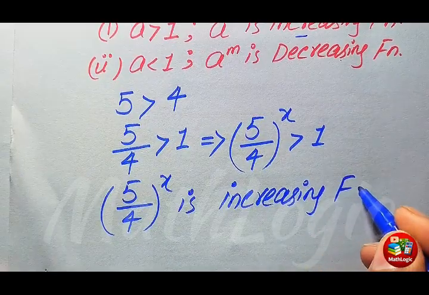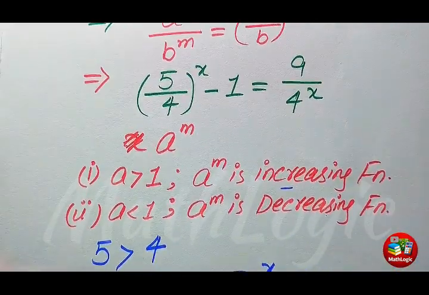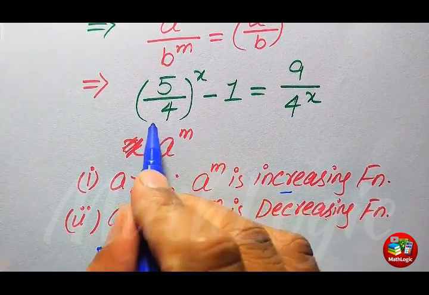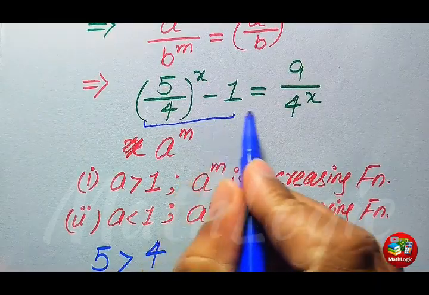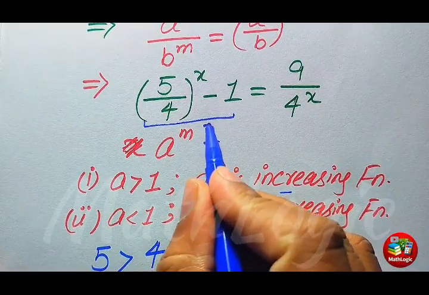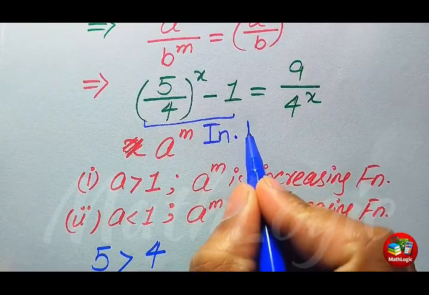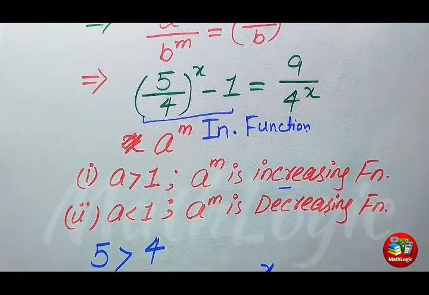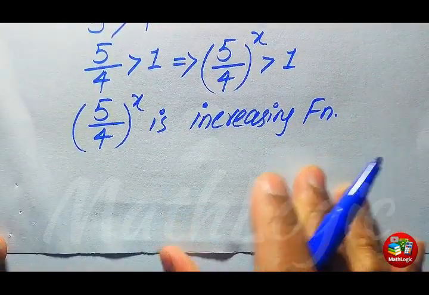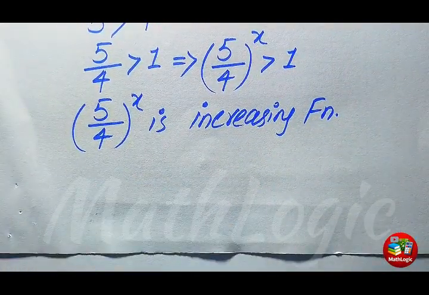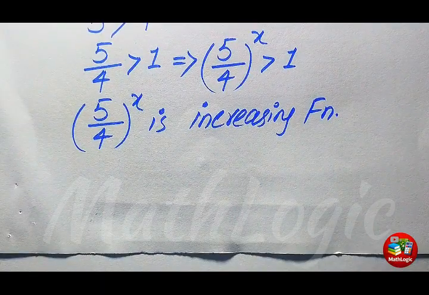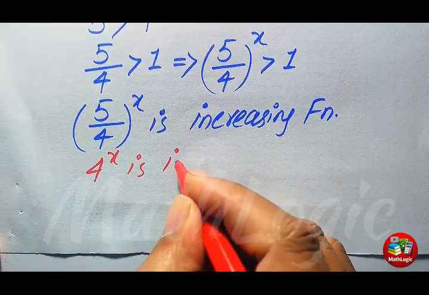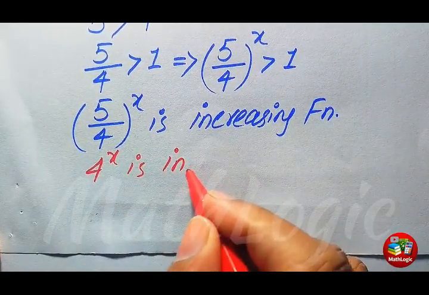And in the same pattern, when we subtract 1 from an increasing function, it remains an increasing function. So it means that the left hand side of this equation becomes an increasing function. But here we need to decide about the right hand side. You see here the exponential function 4 to the power of x is an increasing function, because the base is 4 and 4 is greater than 1.